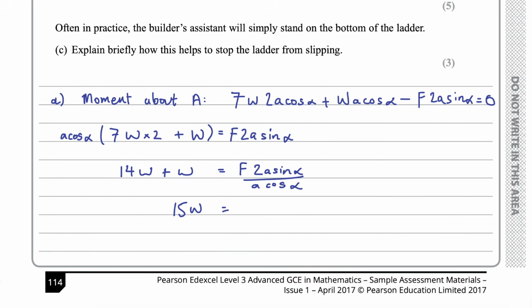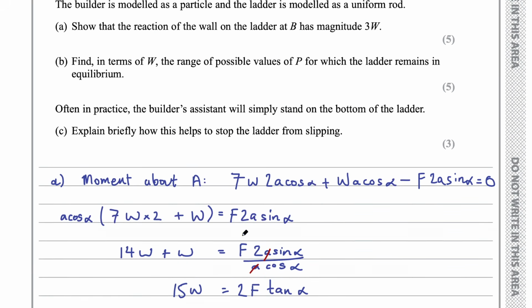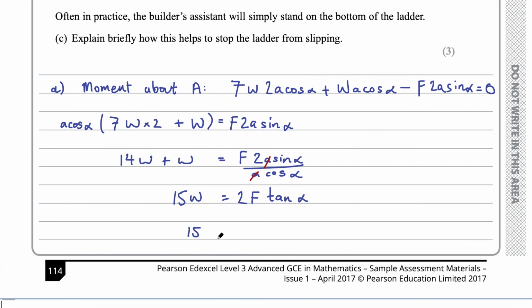And then on the right here, we can cancel a few things. So these A's will cancel out. And sine alpha over cosine alpha, that's tan alpha. So over here, I've got 2 times the force we're looking for times tan alpha. Remember, we have a value for tan alpha. It's 5 over 2. So I've got 15W equals 2 times F times 5 on 2.